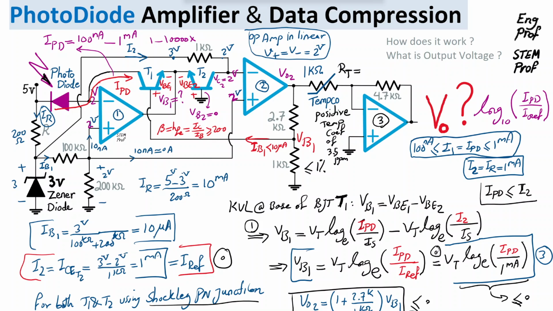That translates, when it's considered 3.5 parts per million, into the value of this Temco with nominal 1K being effectively 3.5 times the absolute temperature in degrees Kelvin. So that is degrees Kelvin.